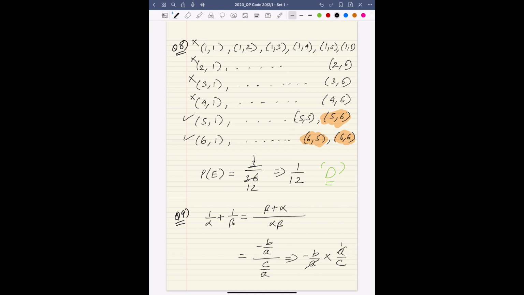You can cancel a and a. What we get is minus b upon c. The value of b is 3, so minus 3 divided by the value of c, which is minus 7. Negative negative cancels. Your answer is 3 by 7, which is option C. This is the correct option.